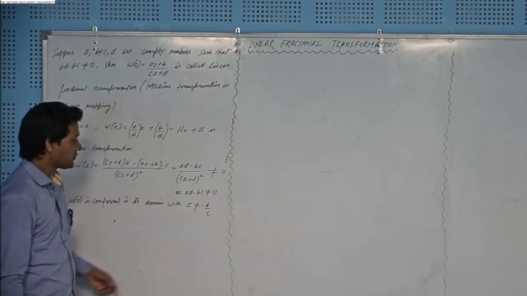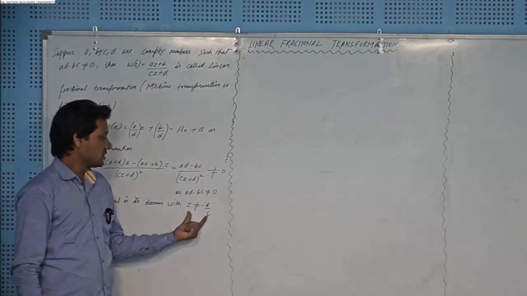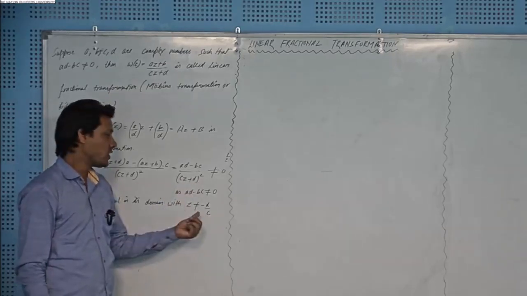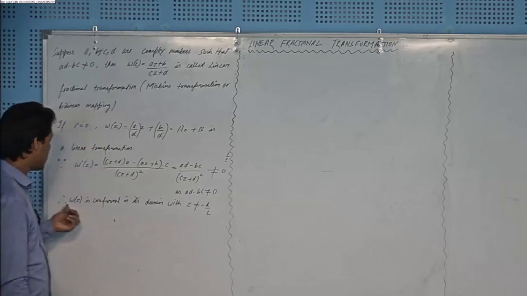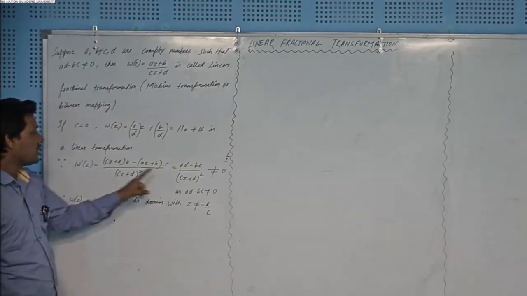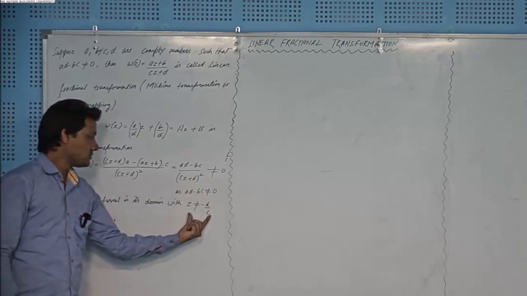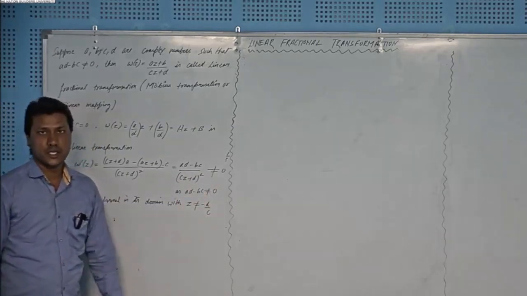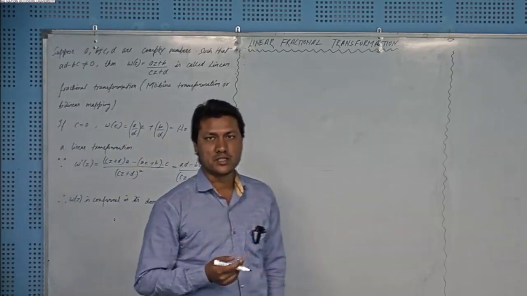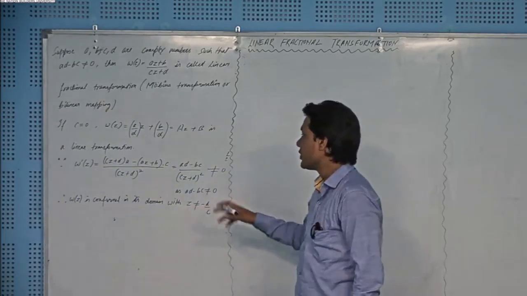You have to remember this point, that if you put z equal to minus d by c, then you are getting 0 in the denominator, and you should avoid that point, right? So we are writing that this function is conformal at all points where the denominator is non-zero and we have to exclude the poles from it, right? Poles are singularities, and at singularities a function cannot be conformal. That's why you have to avoid all the singular points also, right?